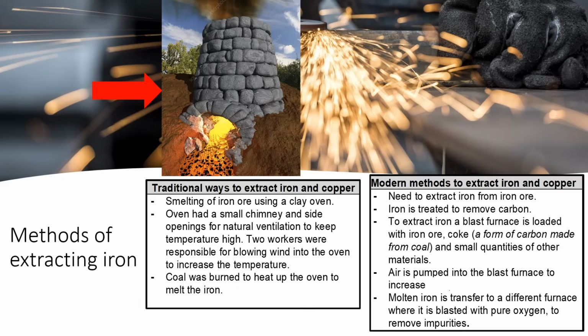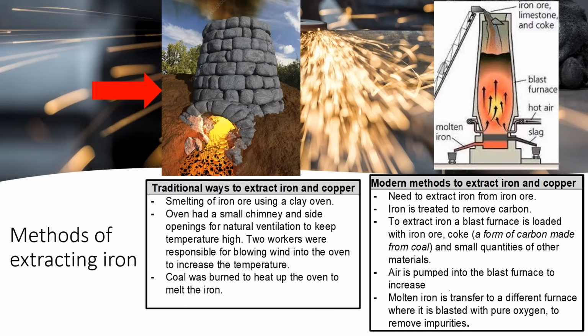However, our modern method of extracting iron and copper. Firstly, we need to extract the iron from the iron ore first. Iron is then treated to remove the carbon that's found within the iron ore. To extract the iron, a blast furnace, which is what we will explain in the next section, is loaded with iron ore, coke, which is a form of carbon made from coal, and small quantities of other materials.